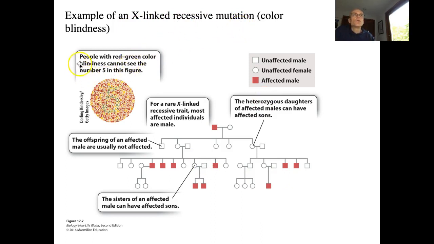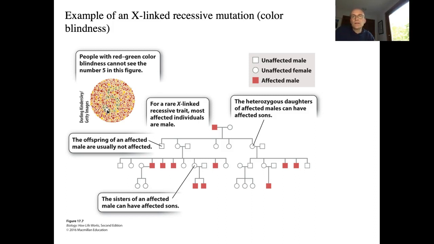If you are not colorblind, then you will see a number 5 here where I'm pointing with the mouse. But if you are, then you just see sort of a grayish, reddish, orangish type of mix.